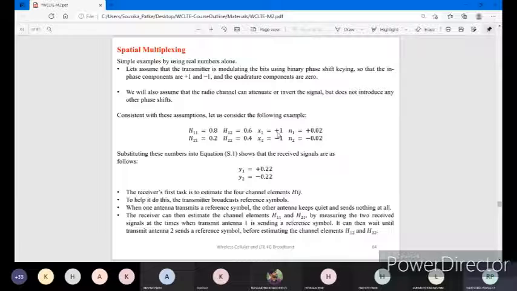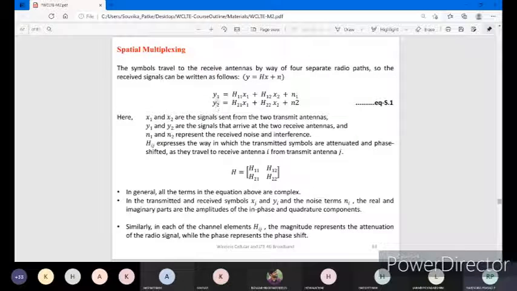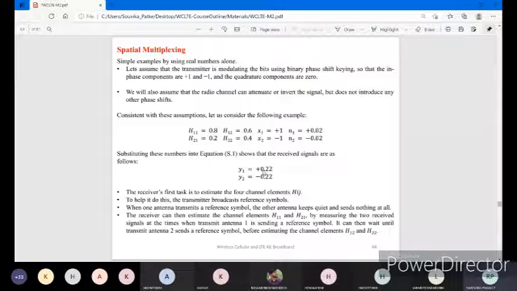Why is there a phase shift? Because you are transmitting the same signal with phase and without phase. That is why plus 1 and minus 1. When I substitute these values in the expressions, I am going to get y1 and y2 as 0.22 and minus 0.22.